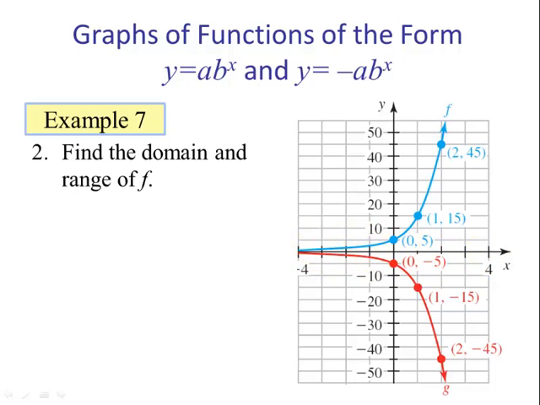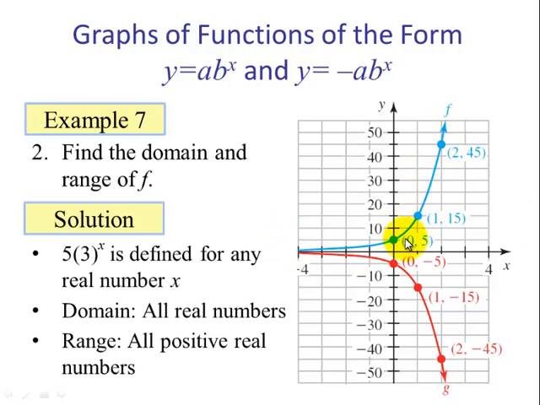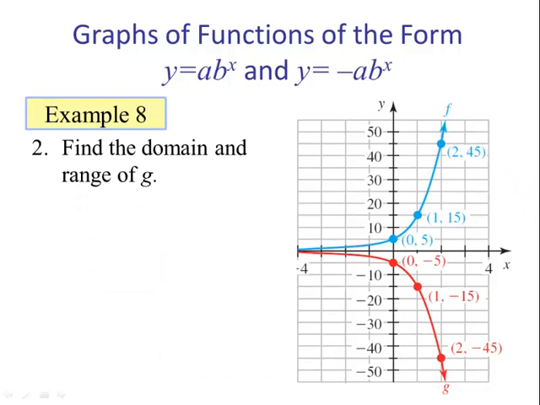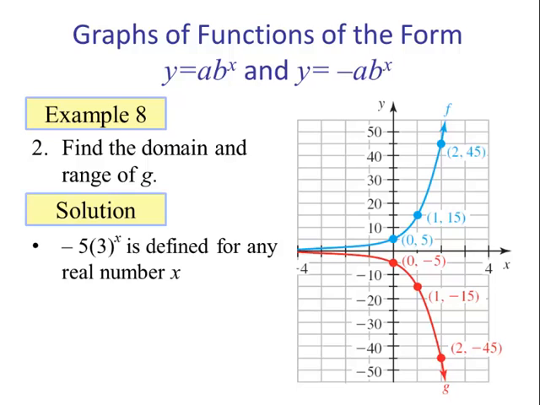So the domain of f would be all real numbers, and the range of f is all positive real numbers. Now the domain for g, again, is all real numbers.